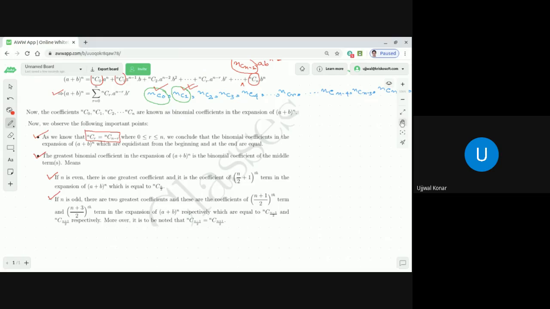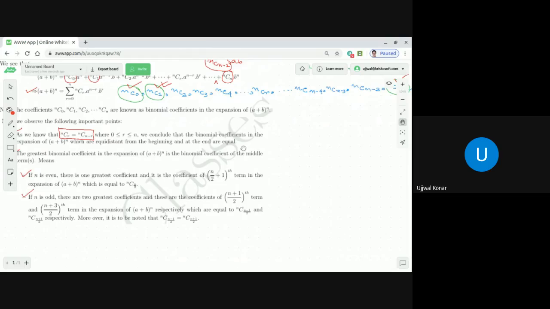Let me give an example, the very smallest example. For n even, we can take the example of (a plus b) power 2, where 2 is even. If you look into it, it is nC0 into a power 2 minus 0 into b power 0, correct or not?